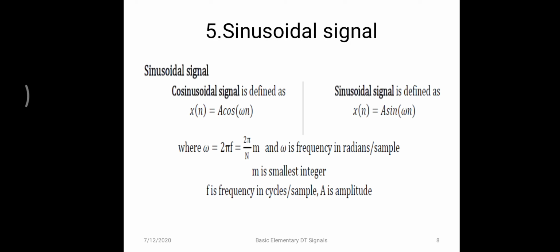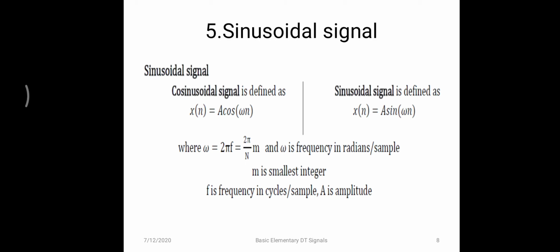Next, sinusoidal signal. Similar to continuous time signal, the notation is x of n is equal to a cos omega n, and x of n is equal to a sin omega n, where omega represents frequency in terms of radians per sample. So omega is equal to 2 pi f, and f is equal to 1 by N. Here capital N represents time period.